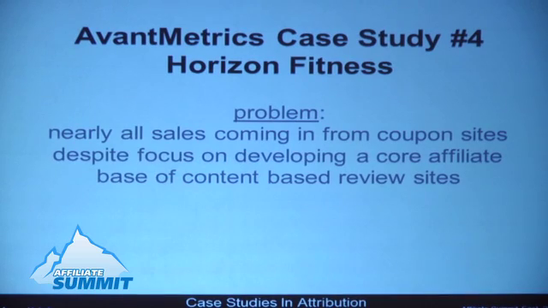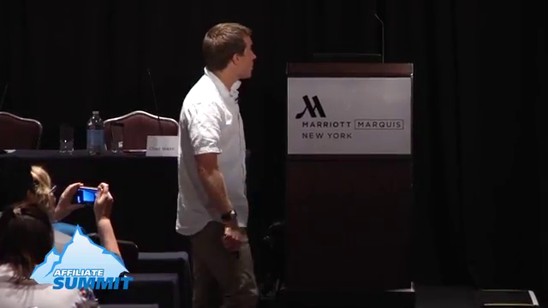So review sites, fitness bloggers, and this is where they were spending the majority of their time. They worked with a few coupon sites as key partners, but they noticed that most of the sales were coming from these key partners despite most of their recruitment efforts coming in the form of content-related blogs, forums, whatever it may be. So purpose of attribution, focus on inclusion of all referrals, right?